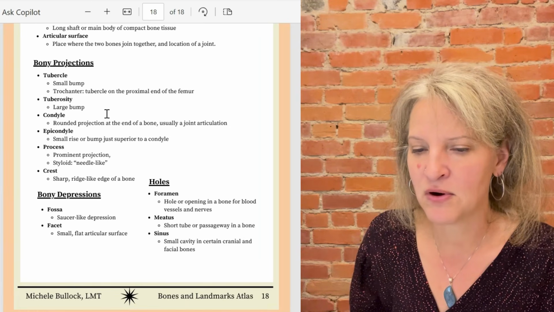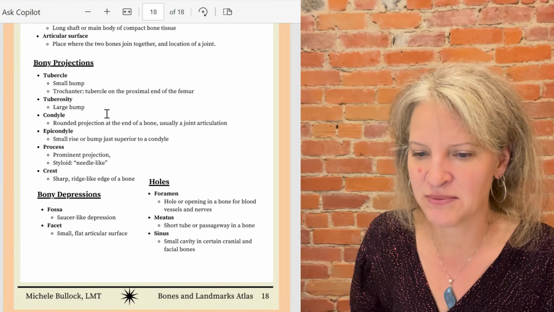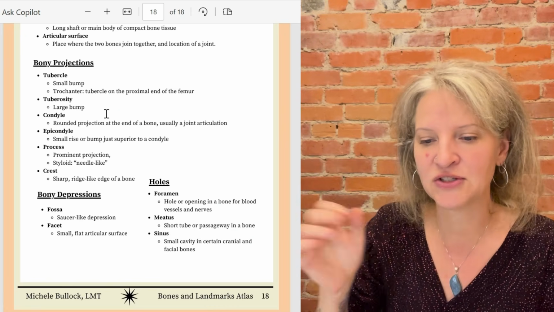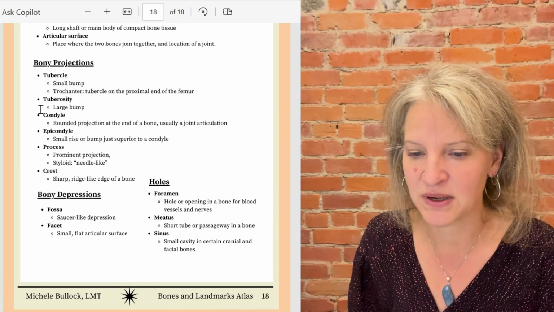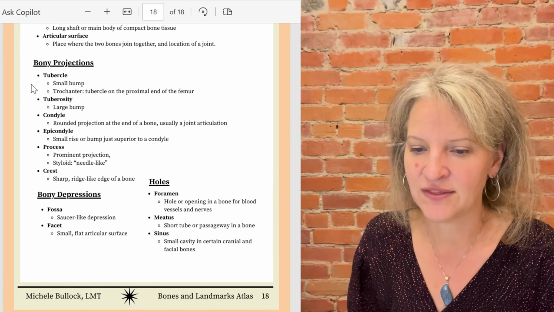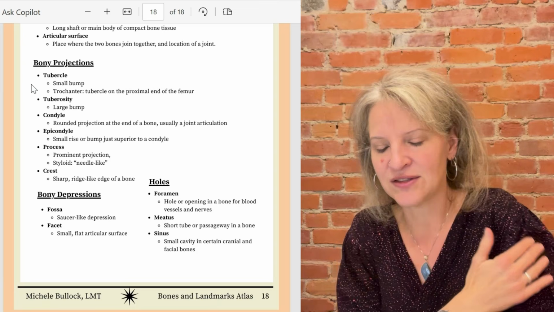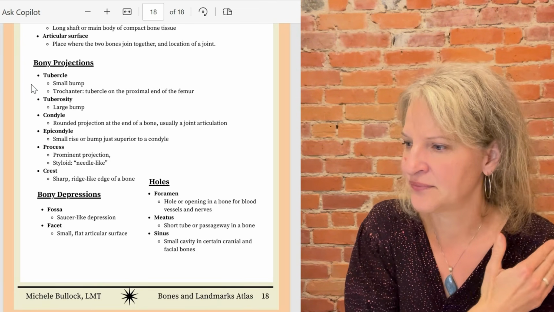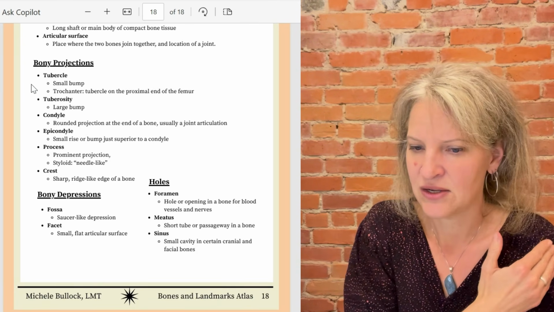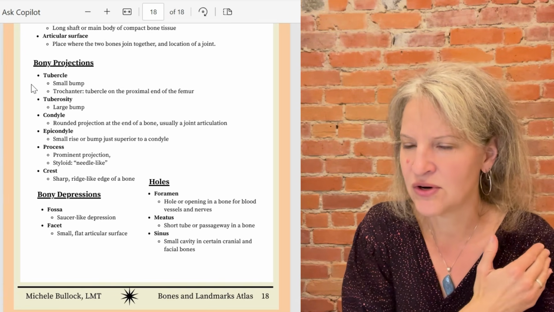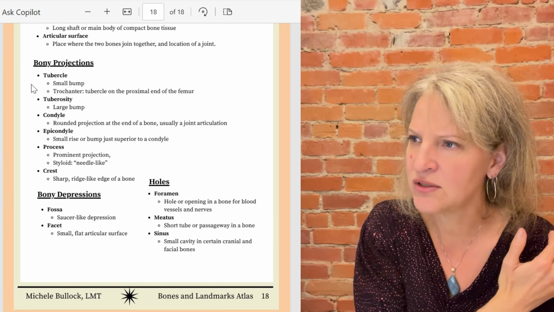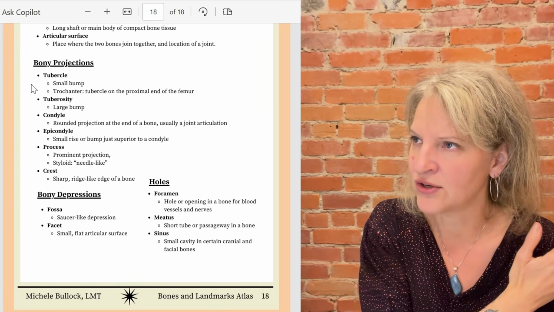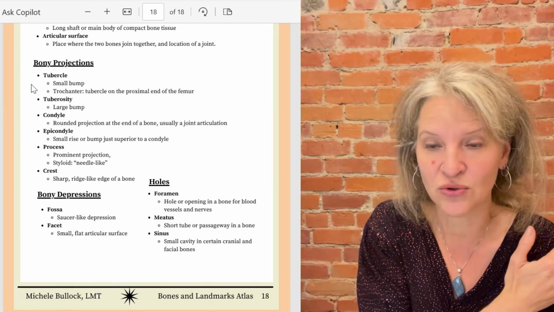So talking about bony projections, here's the glossary for bony projections. A tubercle is a small bump. A tuberosity is a large bump, okay? So we've got like the deltoid tuberosity that's on the side of our arm. We have the greater tubercle that is on our shoulder, on our humeral shoulder.